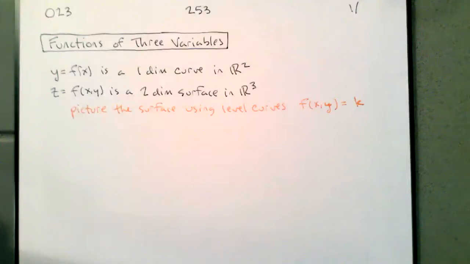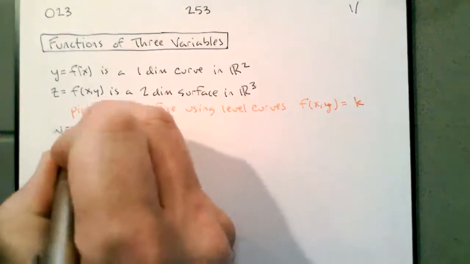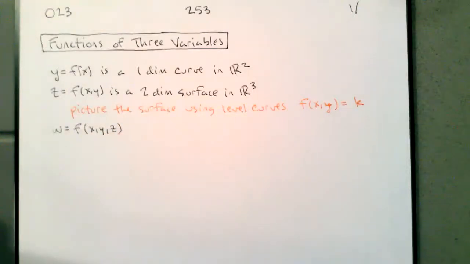So when we upgrade this with 1 more variable and we write a function, I'm going to use w. So if w is a function of x, y, and z, everything goes up by 1 dimension. Our graph will be a 3-dimensional solid.